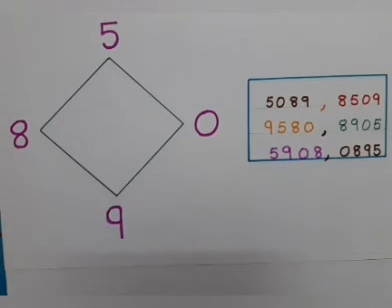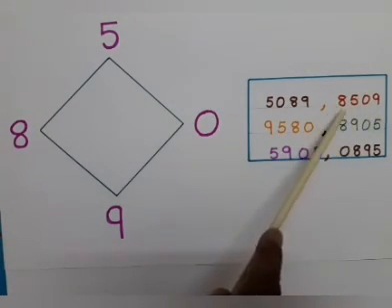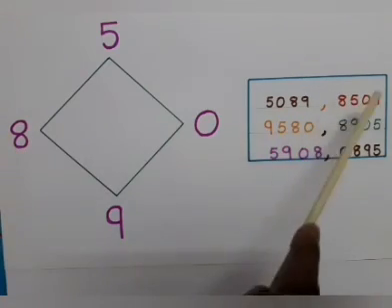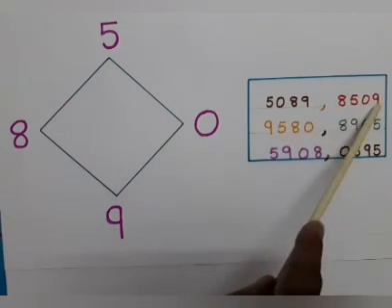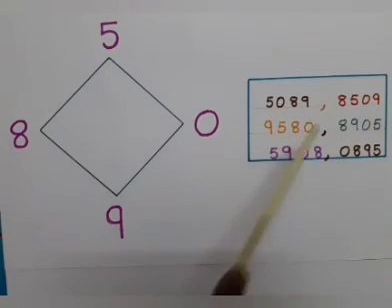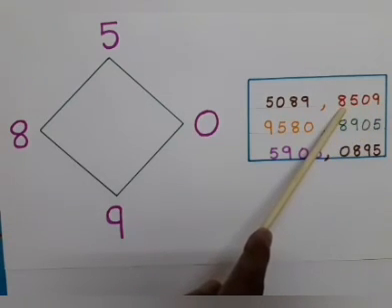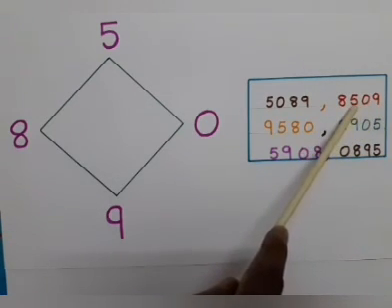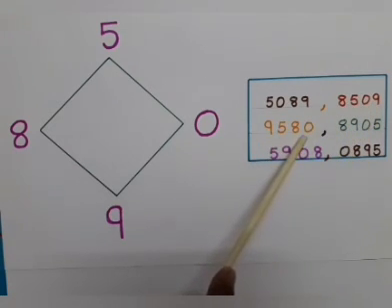Now children, the second number. Number 8, number 5, number 0 and number 9. I have used the numbers again only once. So 8,509. Now look at our third number.